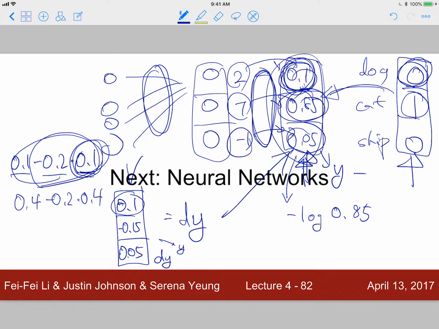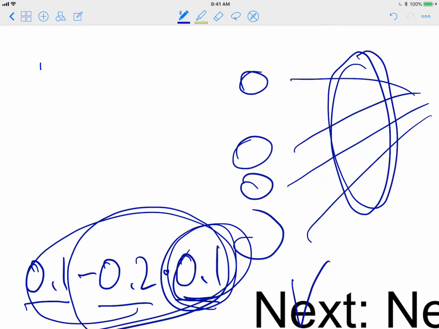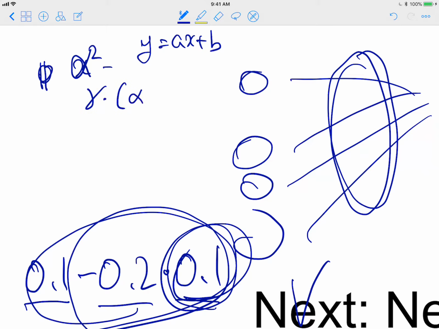When do we have such a gradient which is proportional to the original value? That was the regularization, right? If we do the L2 regularization, and suppose we have Ax plus b as our linear regression formula, then our L2 regularization will be some regularization parameter, maybe gamma, times A squared and B squared, right?